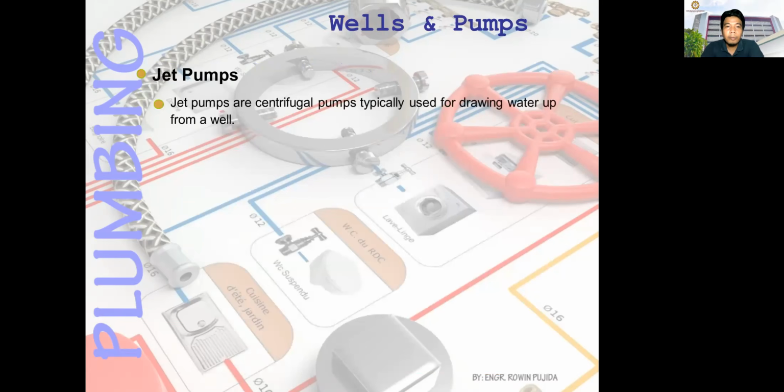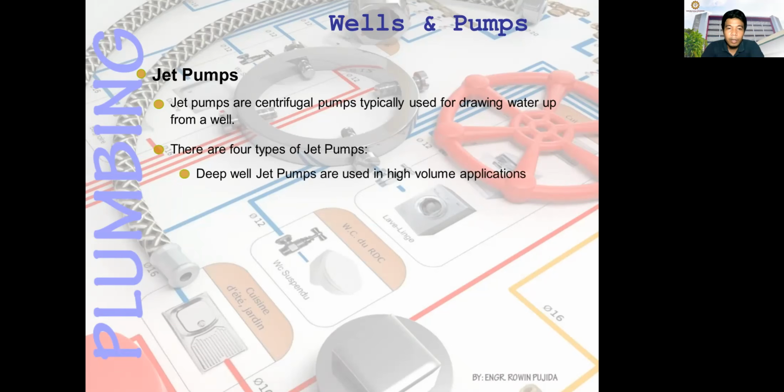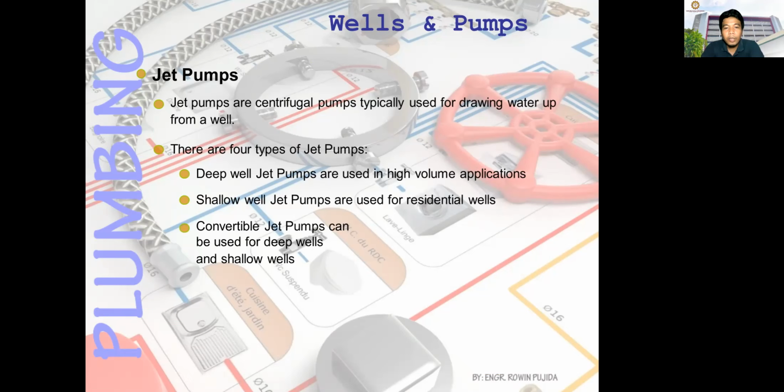Next are jet pumps, our centrifugal pumps typically used for drawing water up from a well. There are 4 types of jet pumps: deep well jet pumps, shallow well jet pumps, convertible jet pumps, and miniature jet pumps. Deep well jet pumps are used for high volume applications, so maybe you have a big area of commercial building.